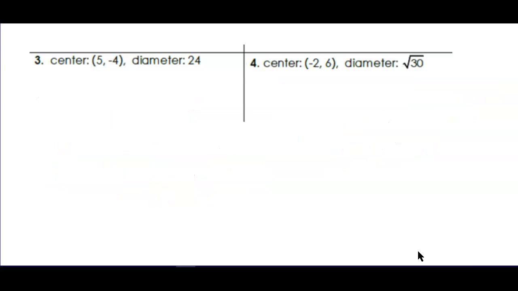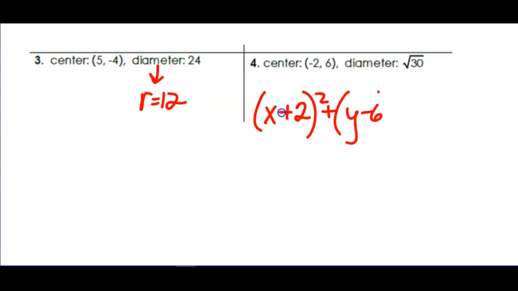All right, these are just easy peasy. You just need to cut this in half and say the radius is 12, and then do what we did on the last two. So I'll just do this one. You'd have x minus -2, y minus 6, and this is a little tricky. The radius is half of that, okay?